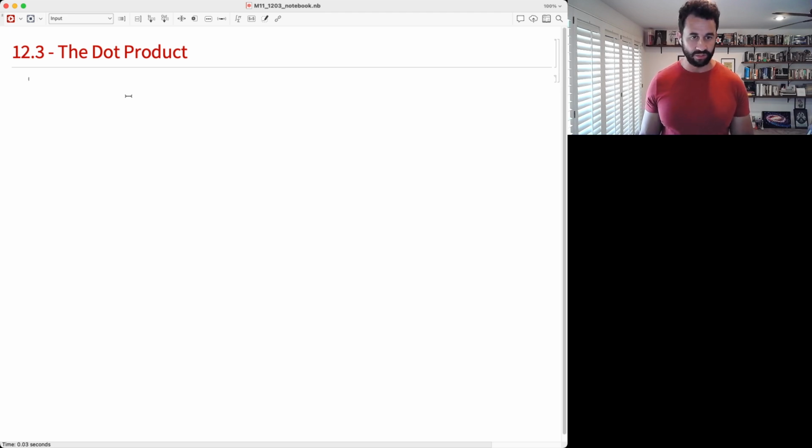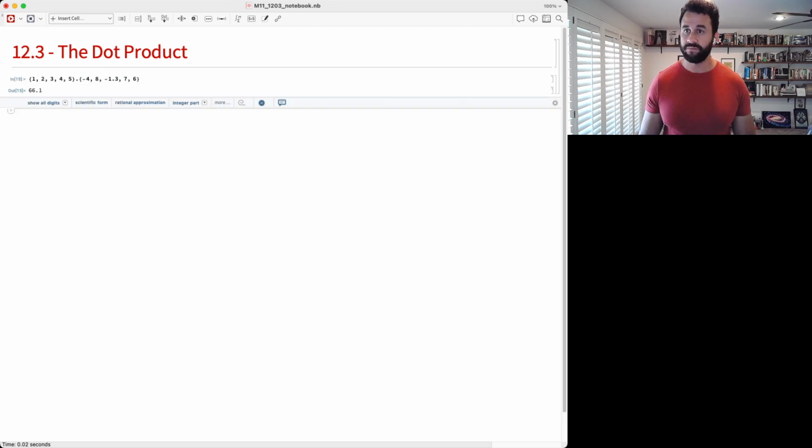Our first vector was 1, 2, 3, 4, 5. Mathematica takes a vector as a list, so you use the curly braces. Then we do a period, that's the dot, and then -4, 8, -1.3, 7, 6. And then shift return gives us the dot product.